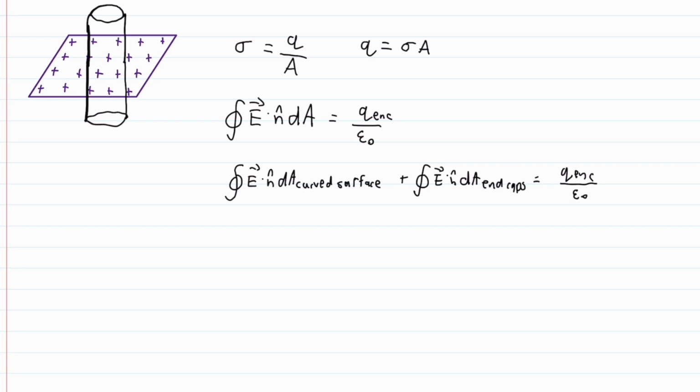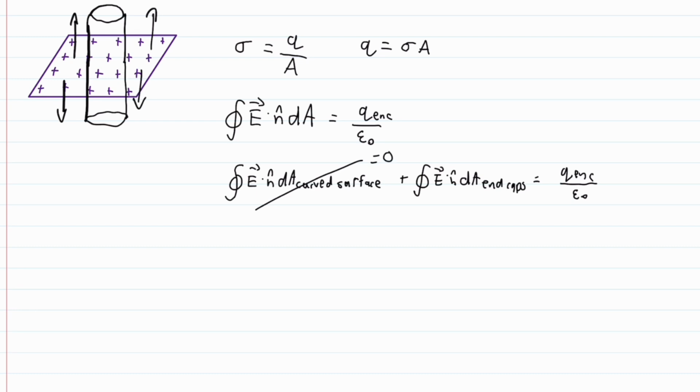Now, for the curved surface, there's actually no electric field flowing through there because the electric field is going to be perpendicular. It goes like this, out of the plate from both sides. So this whole term is going to be equal to 0.